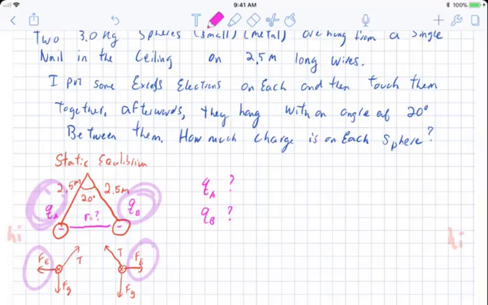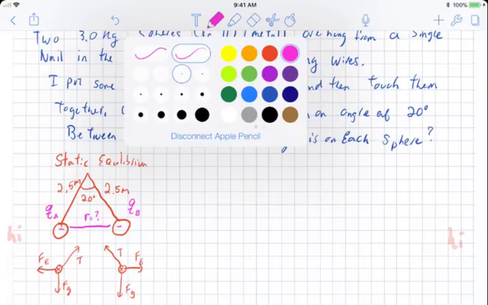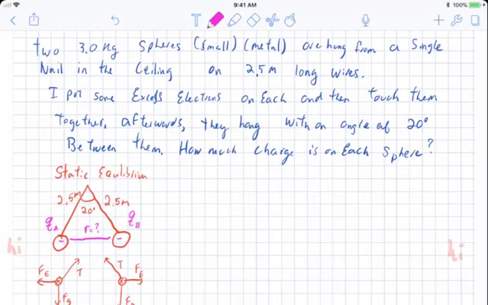Are they different? It seems to me like before I even start this question, I need to address that. Part of this question comes about with us saying that there are two charges here. Let me find that part of the question. I put excess electrons on each of them and then touch them together.